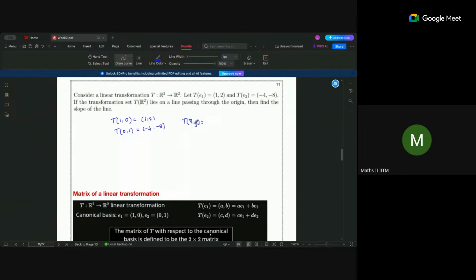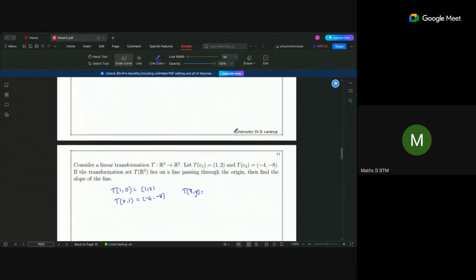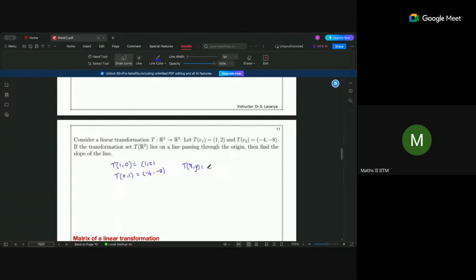What is T of x comma y? Just like we did here, can you quickly compute and tell me what is T of x comma y for this? X times 1 comma 2 plus y times minus 4 comma minus 8. So it should be x minus 4y comma 2x minus 8y.